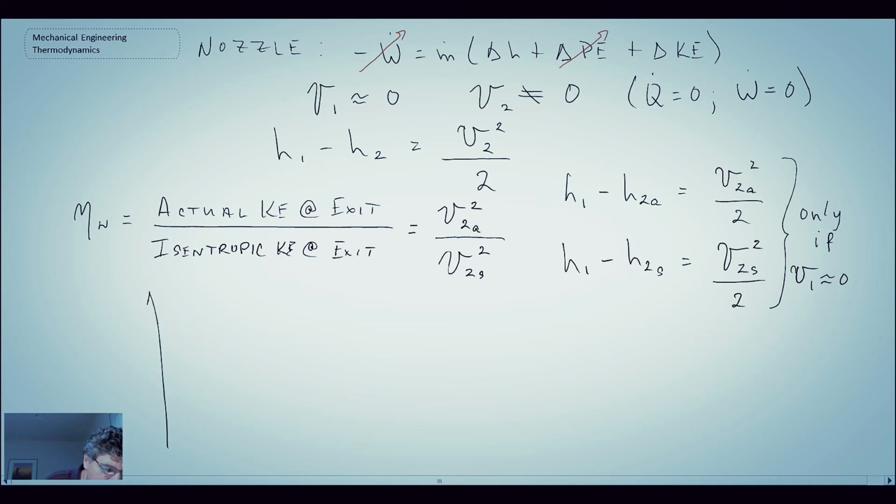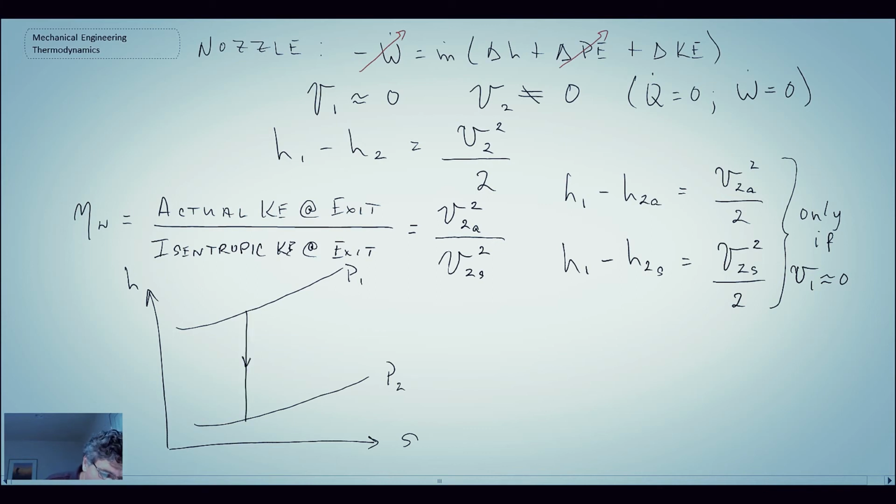Now looking at this on the Mollier diagram, we're going from P1 to P2 in our nozzle. If it was an isentropic process, it would come down like this to state 2s from state 1. In reality, we increase in entropy, and our process would look like this.